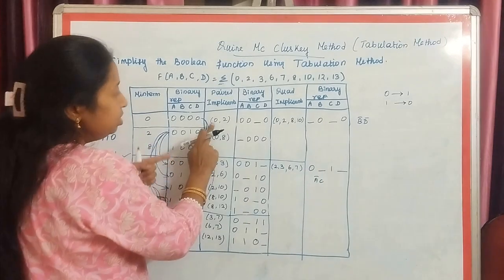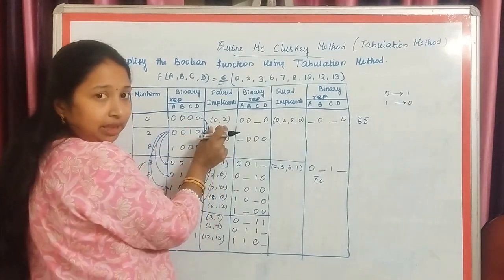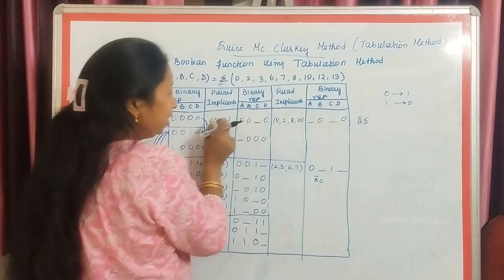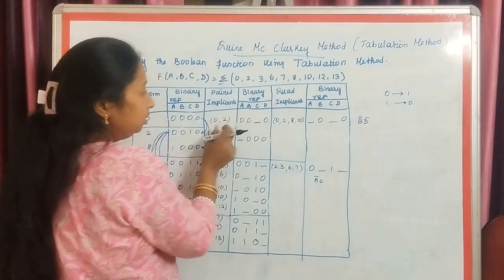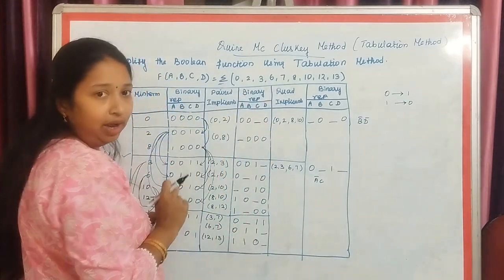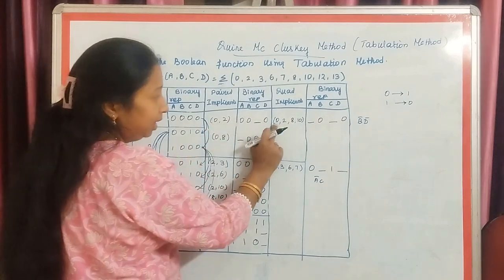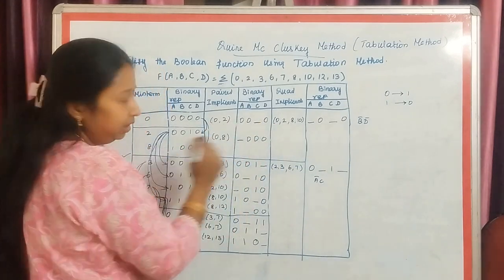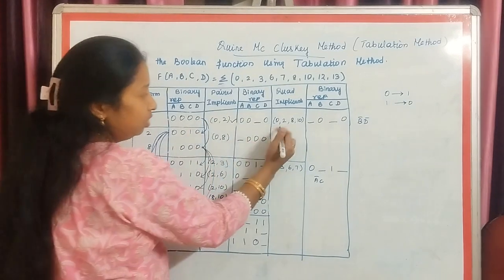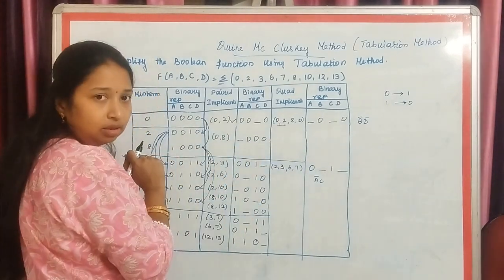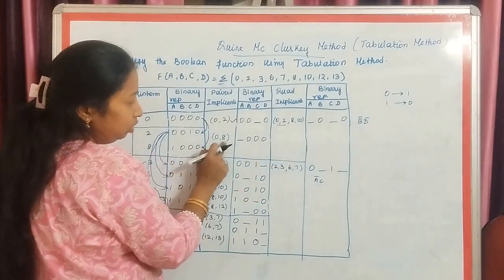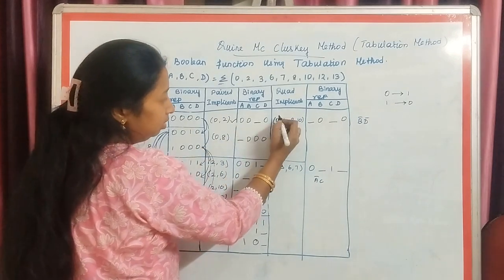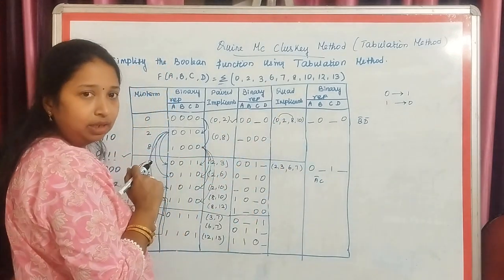Let me explain. 0, 2. Let me take this pair and see if I can find this combination in this quad. So 0, 2, this pair, can I make it from this? Yes. Right? So 0, 2, I can make it as a pair. Now, check on the other numbers. 0, 8, can I make it as a pair here? Yes, these two numbers I can make as a pair.